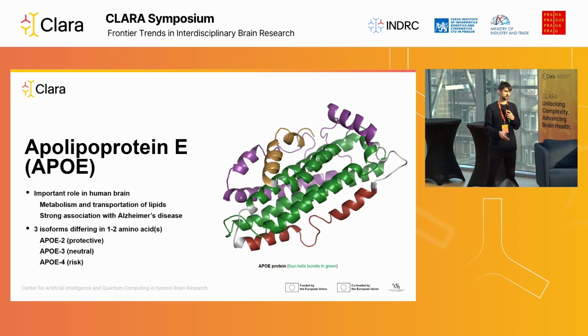And on the other hand, the people with the ApoE4 mutant are much more likely to suffer from Alzheimer's later. So this observation motivates us to study this protein, because if we can understand the differences between these variants of the protein, it could help us understand the disease and design drugs.